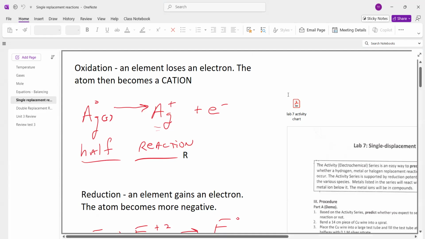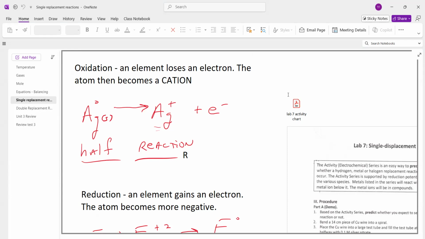Now, that's one type of reaction. I briefly mentioned neutralization reactions. Next Friday is your next lab on double replacement reaction. That's the next type of reaction. And there's a couple more that we'll talk about.